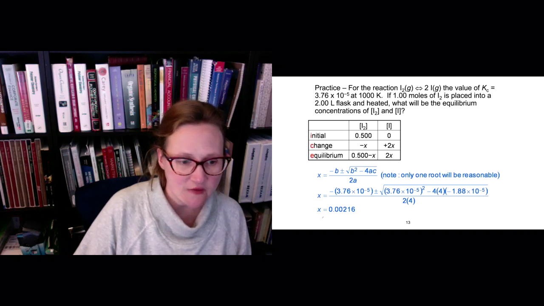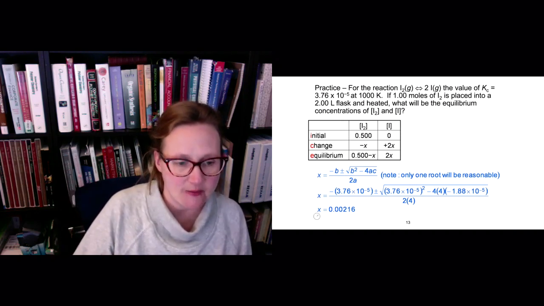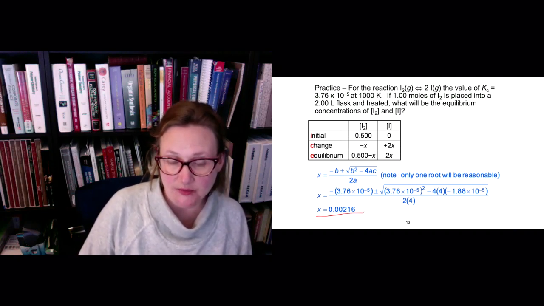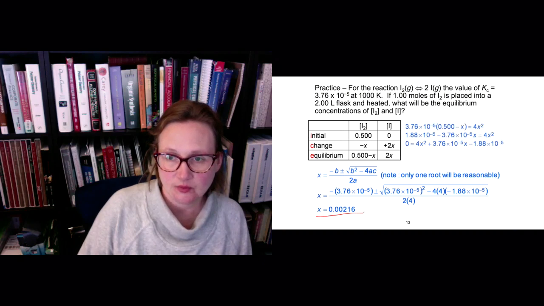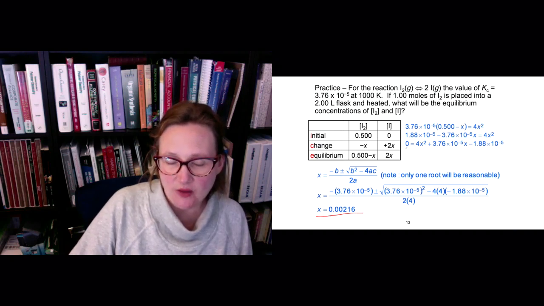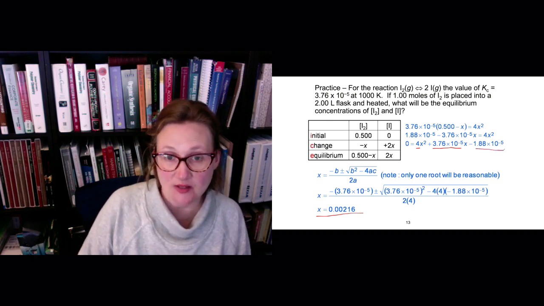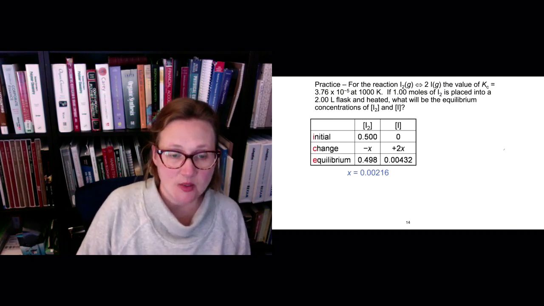When we solve for that, remember we get two roots, but we throw out the negative one and keep the positive. The positive one here is 0.00216. So we arranged this into the quadratic form like we saw before, with a, b, and c, and those are the values we use for a, b, and c. Then we solve for x.